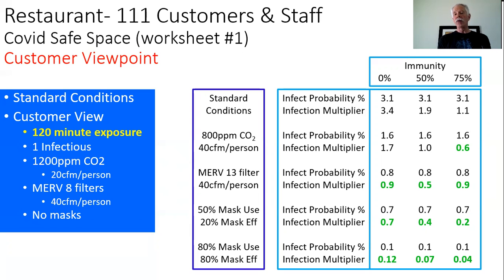And at 40 cubic feet per minute per person, we've knocked down the probability that you're going to be infected almost in half, from about 3.1% to about 1.6%. And the infection multiplier has also been dropped significantly, but we're still at an infection multiplier above 1. It's still not a COVID safe space.